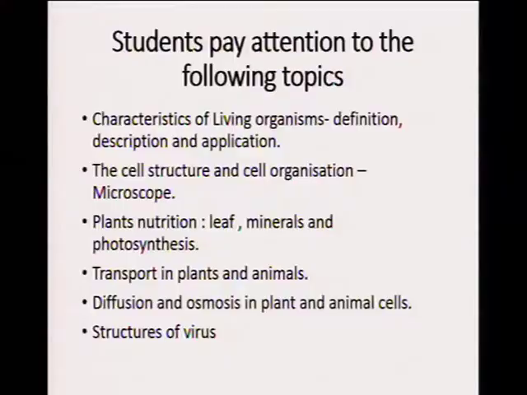To be classified as a living thing, an object must carry out all these 7 characteristics independently. So please familiarize yourself with the structure of a virus. You should be able to label the virus diagram correctly. Let's move on.